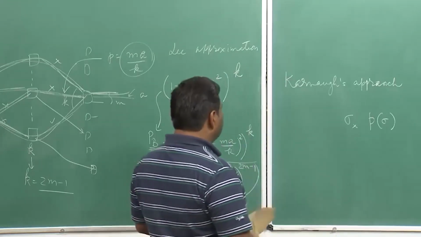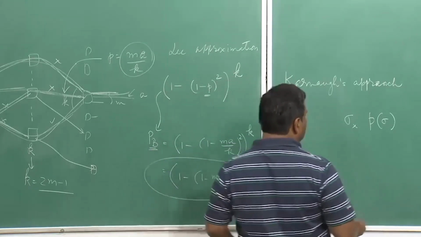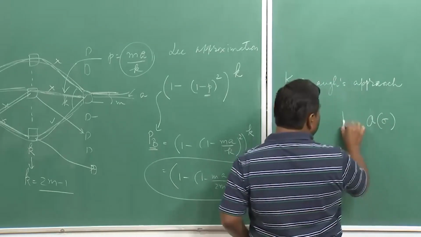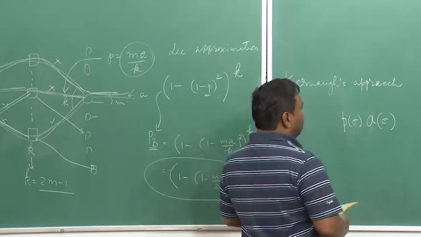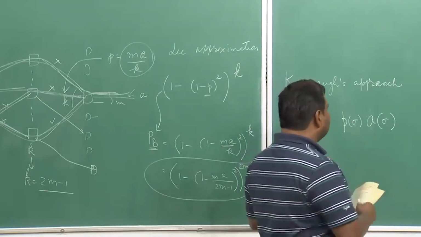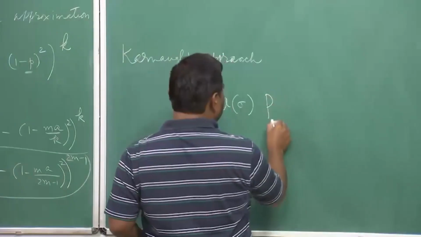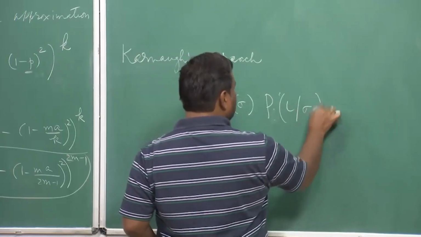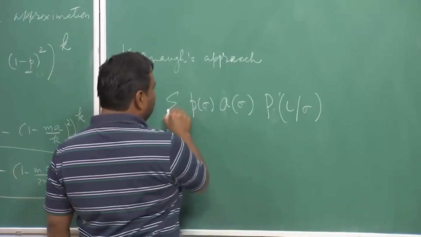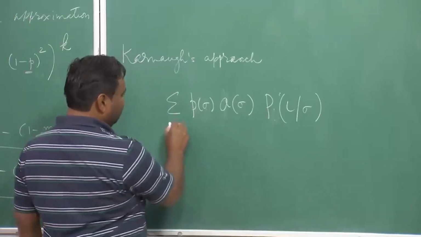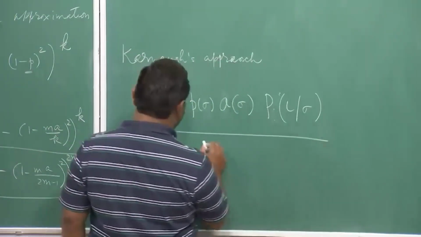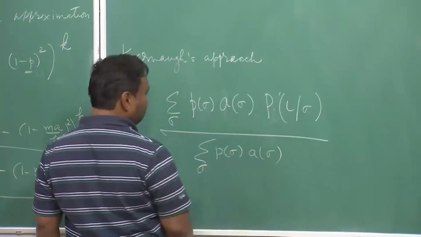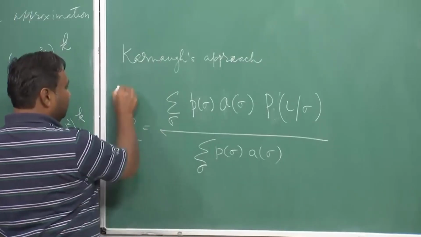So, it is the probability that your switch is in state sigma, times the probability that a call will get lost when you are in state sigma, and you sum it up over all possible states, and these are all the calls which will be arriving. This will give you PL, the call loss probability.